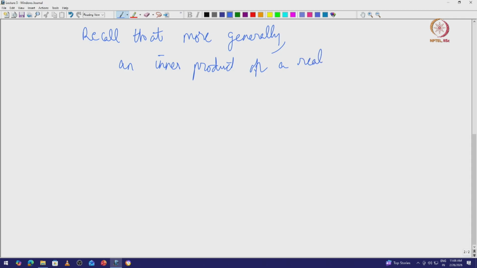vector space. This time, by the way, we have to deal with real or complex numbers. If you're familiar with more general fields, inner products don't make sense in them. It's written like this: it's a map from V cross V to R. It takes in two vectors from V, and spits out a real number, and it satisfies a bunch of properties.